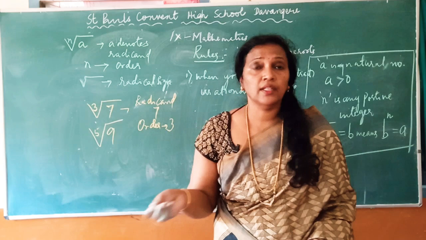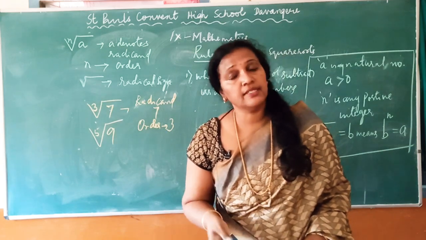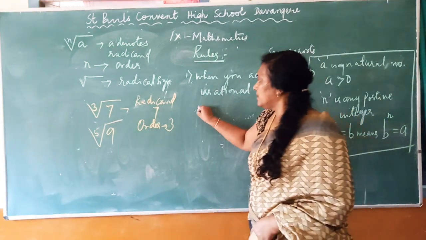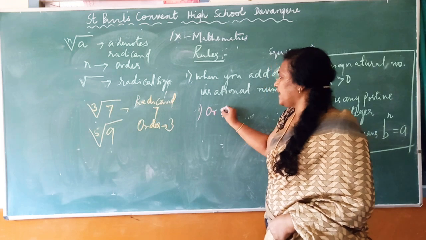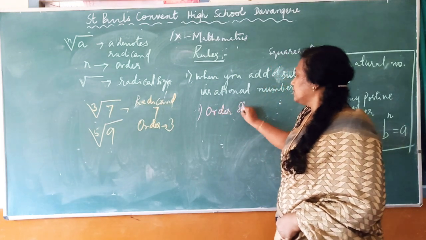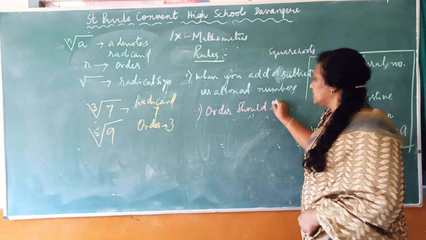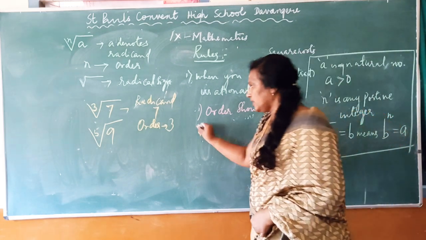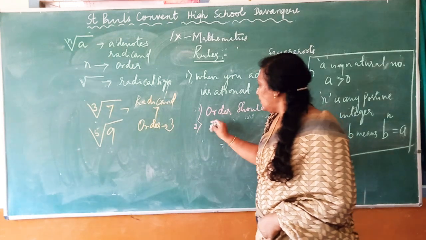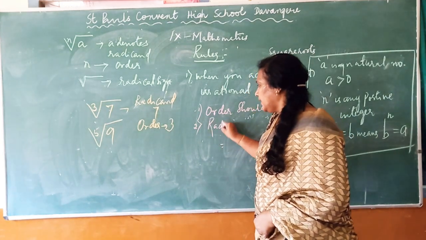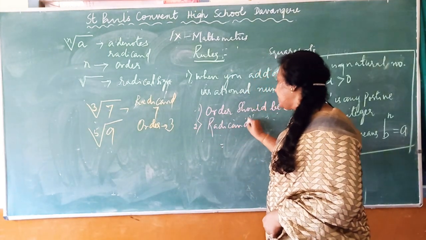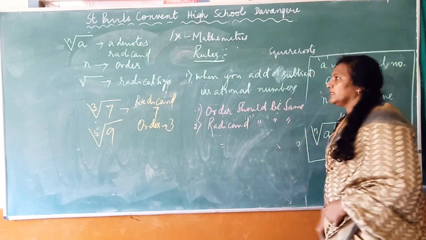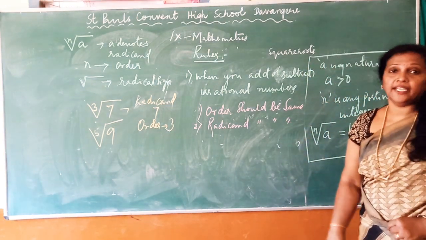You can't add all the irrational numbers, whatever is given. One is the order should be same. Second one, not only order, the radicand also should be same. This you have to keep in mind while adding.